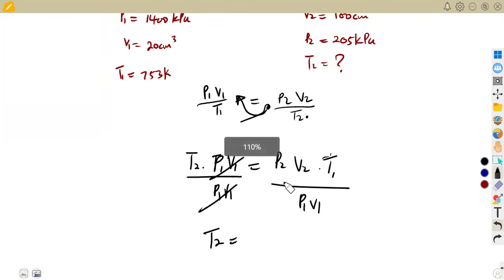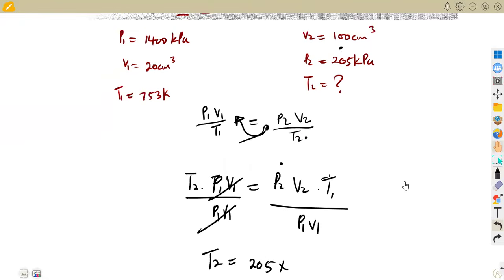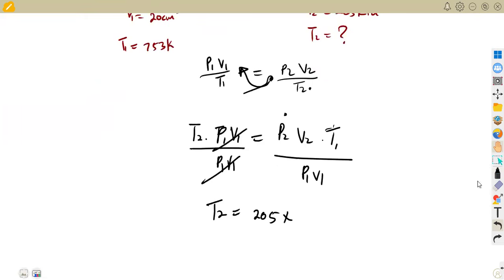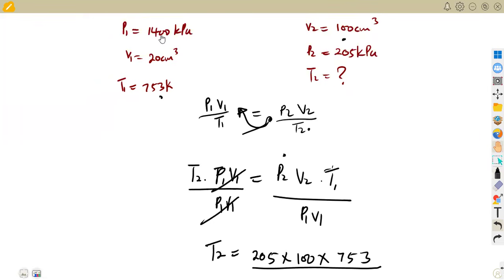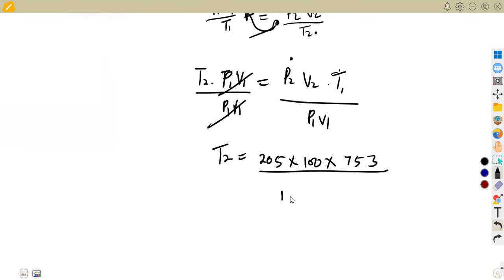So you just have to substitute. Are we having P2? Yes, we have got 205 times V2. Remember our V2 in cubic centimeters, that was 100. So 100 times T1, 753 in Kelvin. The temperature is supposed to be in Kelvins. Our P1 initially is 1,400 and the volume is 20. So this is 1,400 times 20.